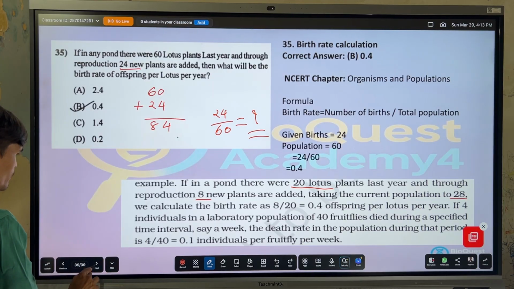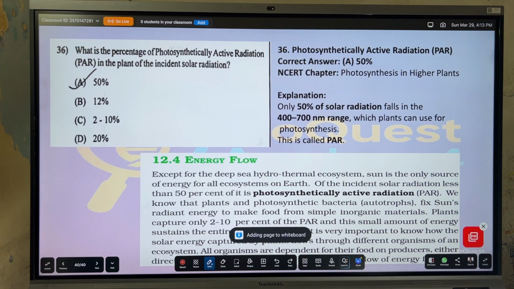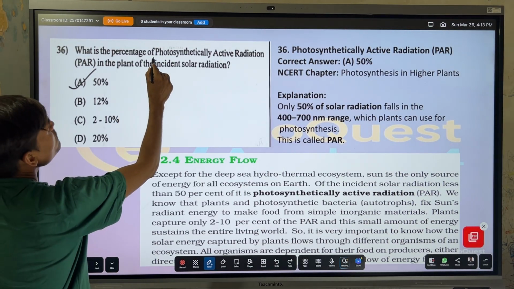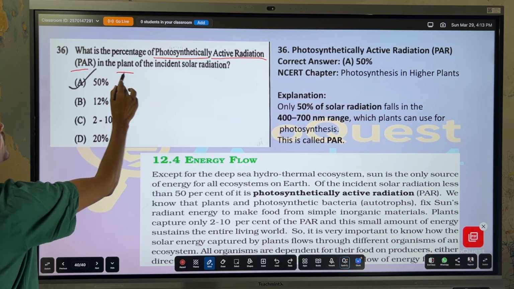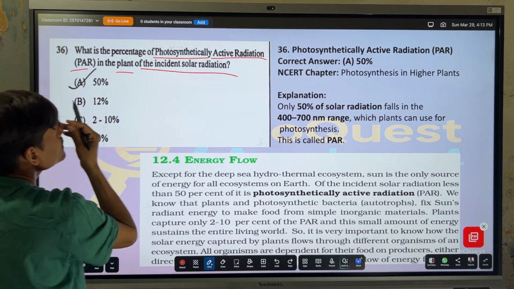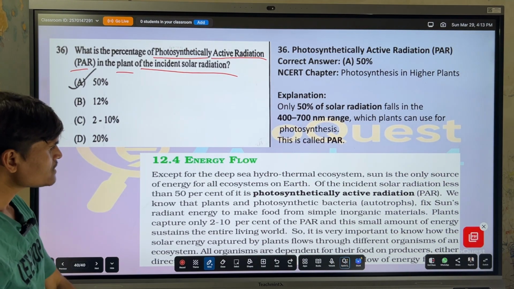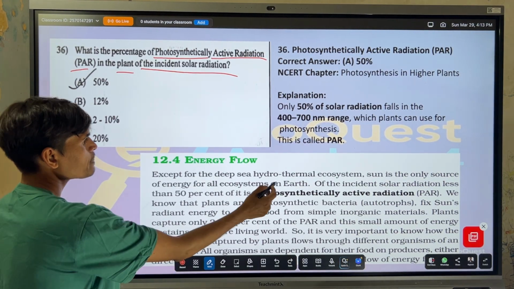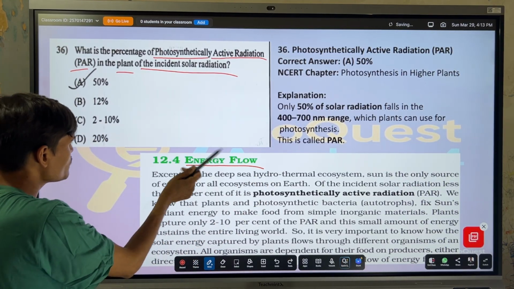Now next, question 36. What is the percentage of photosynthetically active radiation, called PAR, in the incident solar radiation? You can see the answer over here, from energy flow, 12.4.